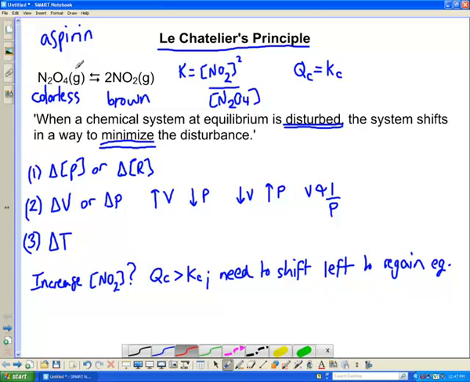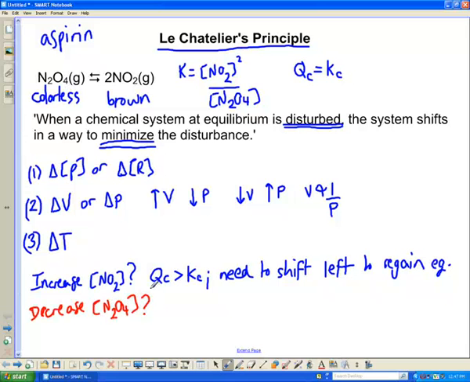Decreasing concentration is exactly the opposite. What if I was to decrease the concentration of N2O4? Well, if I do that, my amount of N2O4 suddenly gets less, so this goes down. If this goes down, the equilibrium is going to say, whoa, what's going on? Why is this disappearing?